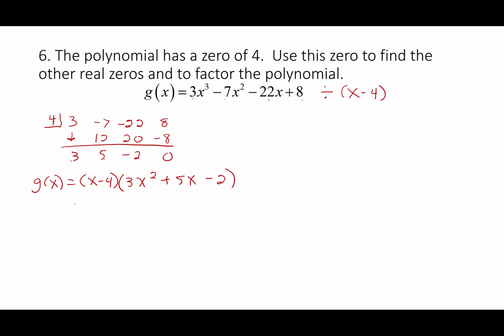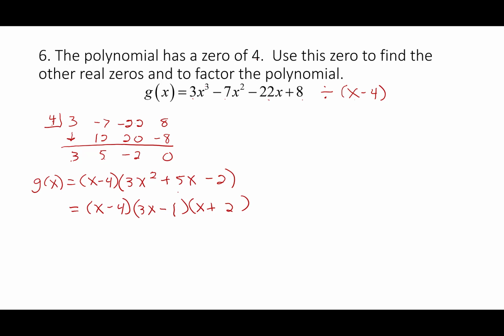And now hopefully we can factor that quadratic so I don't have to mess around with the synthetic division anymore. And it looks like it would factor into 3x something times x something. We're wanting a 5 in the middle, so I'm thinking probably a 2 goes here and a 1 goes here, and that 5 is positive.